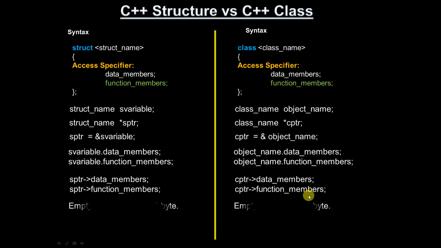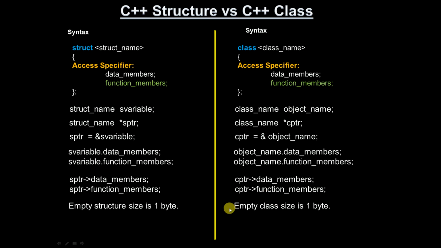Now, empty structure size is 1 byte here, and here empty class size is 1 byte. If you observe, what is the difference here between the C++ structure and C++ class? The only difference we can figure out is the struct keyword here and the class keyword here. Apart from these keywords, there is no difference, right?